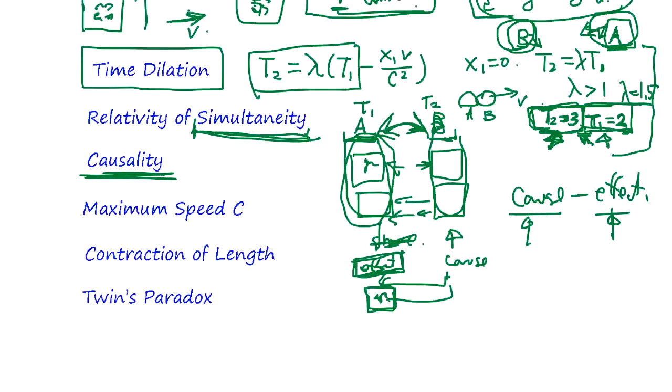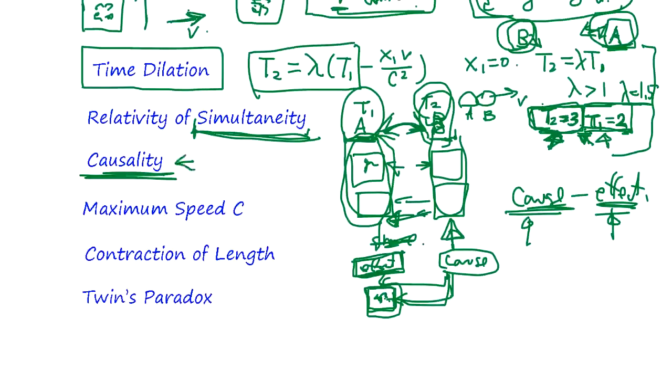But the switching on of the flashlight, the cause, is displayed on the monitor late. So the light arrives first, before the flashlight is switched on. Is that a violation of cause and effect? No, because this cause is within frame B, not A. So causality is also confined within a frame.